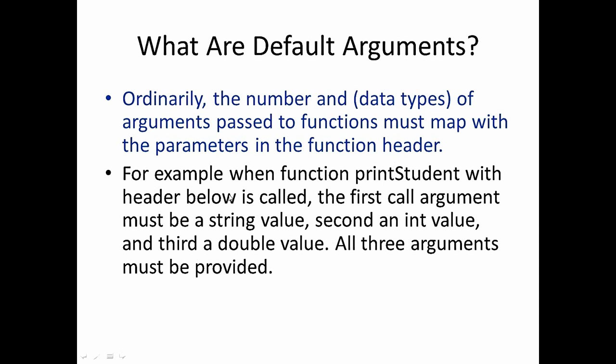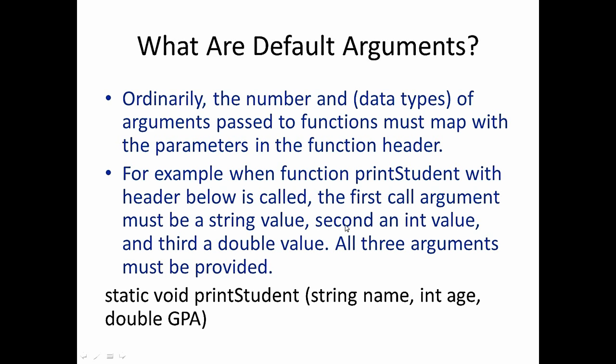For example, when the function print student with the header below is called, the first argument must be a string value, the second an integer value, and the third a double value, and all three arguments must be provided. You cannot skip any of them.